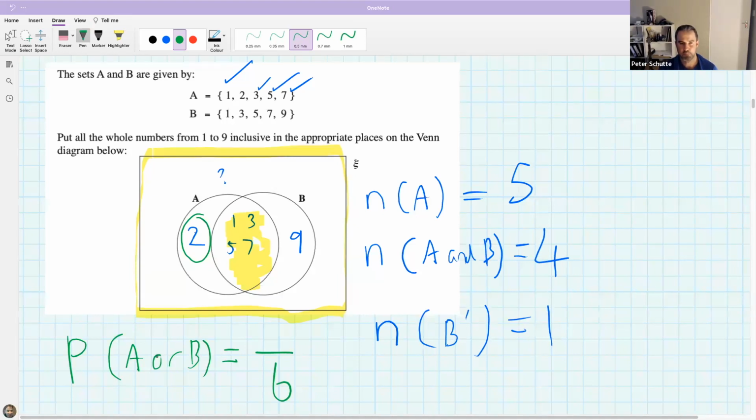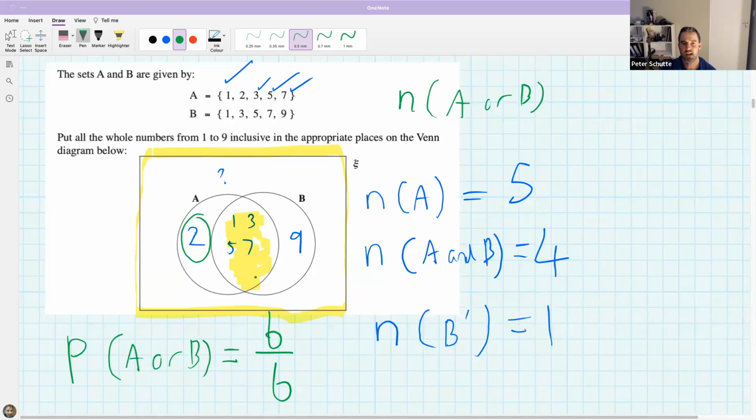What is the probability of being in A or B? I'm being a bit sneaky because I just want to make sure everybody understands how it works. Well, the number of items in A or B, so if I had to work out the n of A or B, so how many items are in A or in B, it's going to be 6.